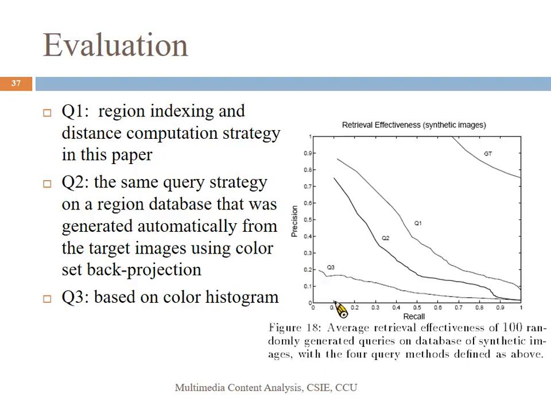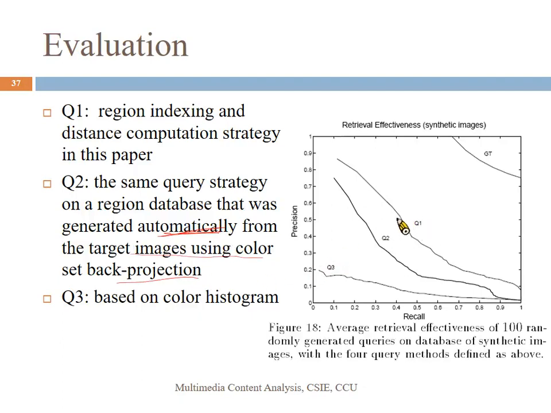We use precision and recall curves to show the performance. Q1 is the region indexing and distance computation strategy proposed in this paper. Q2 uses the same query strategy on a region database that was generated automatically from the target image using color set back projection.